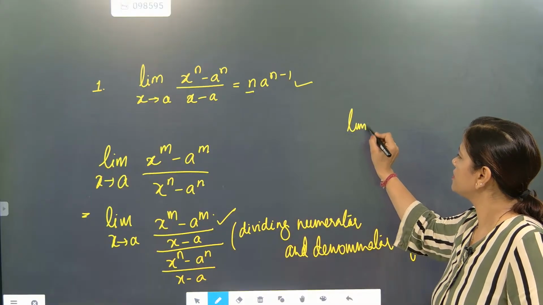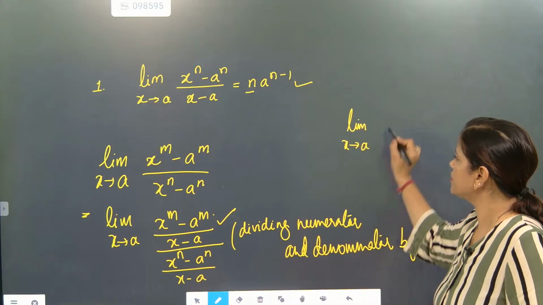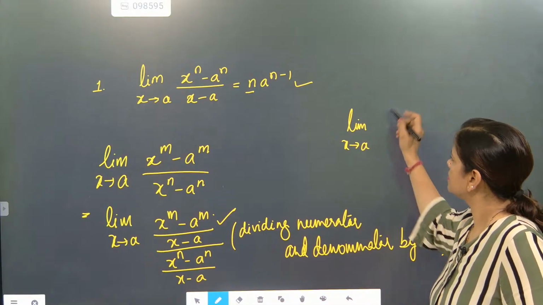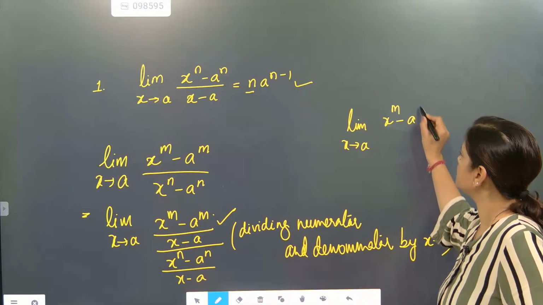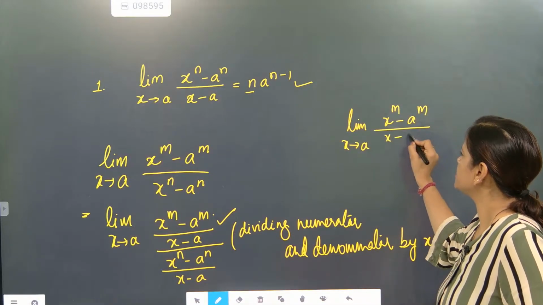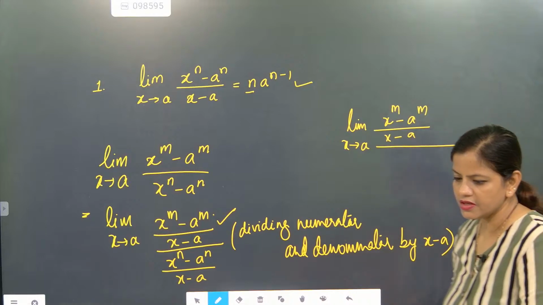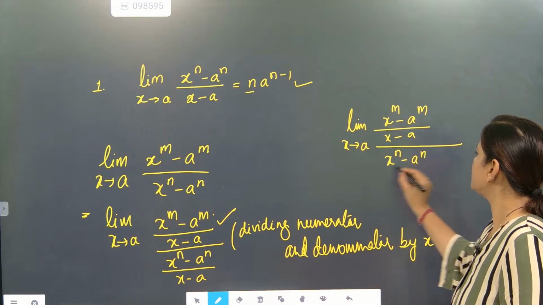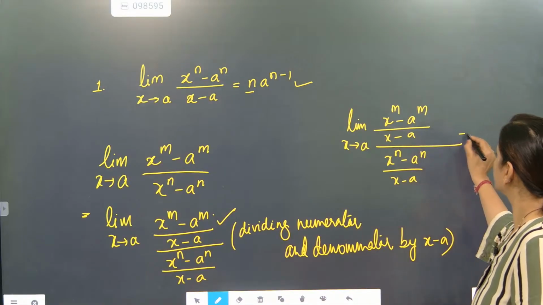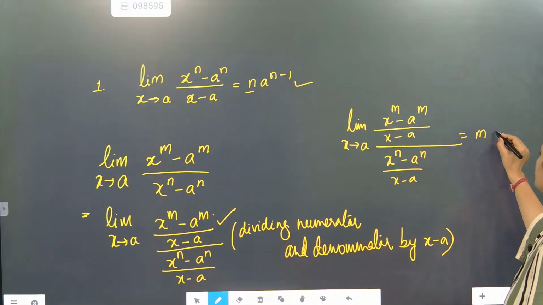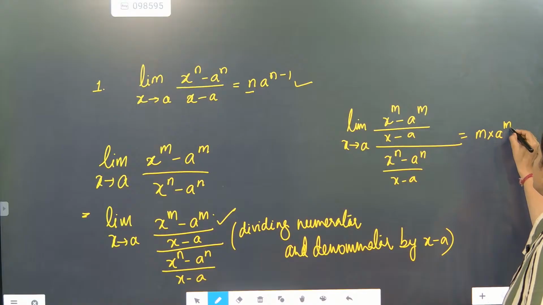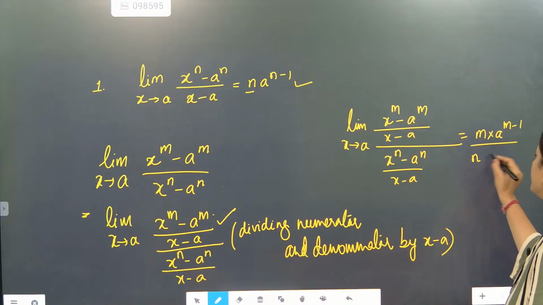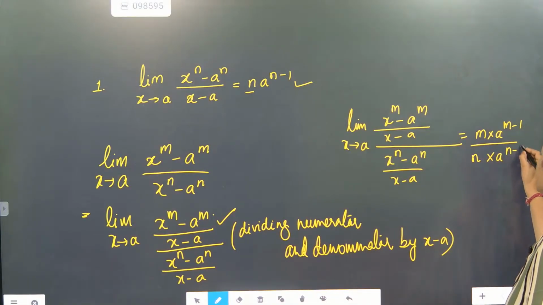Limit x tends to a, x to the power m minus a to the power m by x minus a. This will become the numerator part. Next part, x to the power n minus a to the power n by x minus a. So this section will become m into a to the power m minus 1, and here it will become n into a to the power n minus 1.